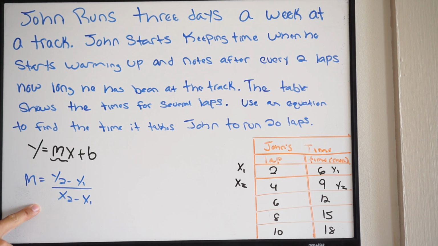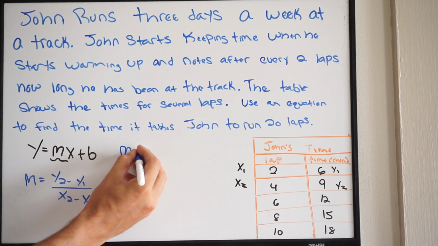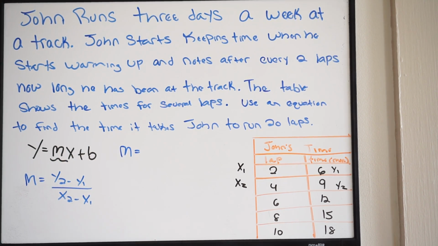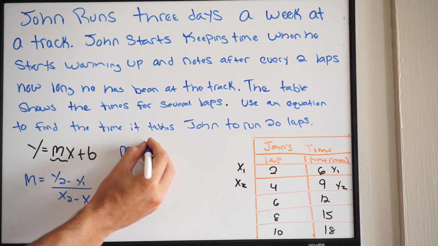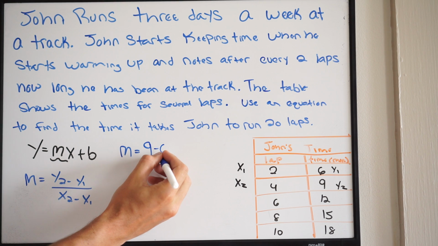Using my equation to find the slope between 2 points, I have m equals, and my y2 here is going to be 9. My y1 is going to be 6, so minus 6.